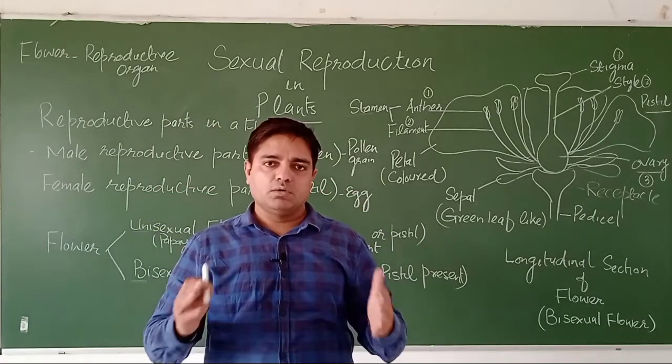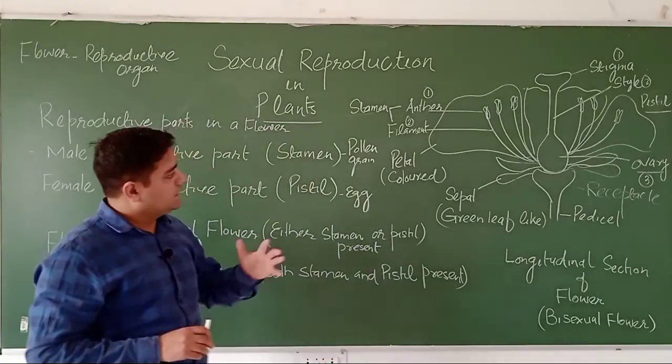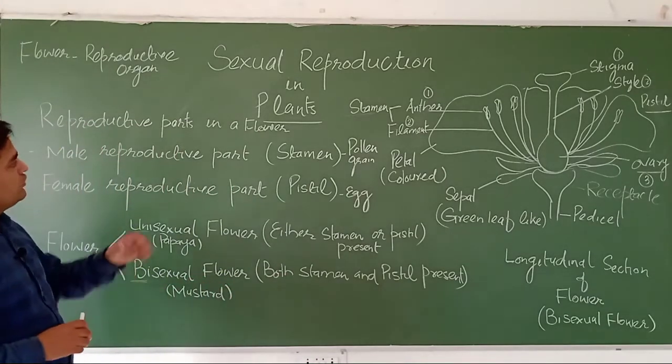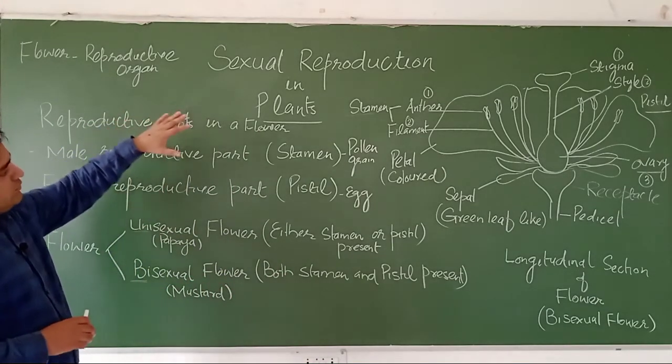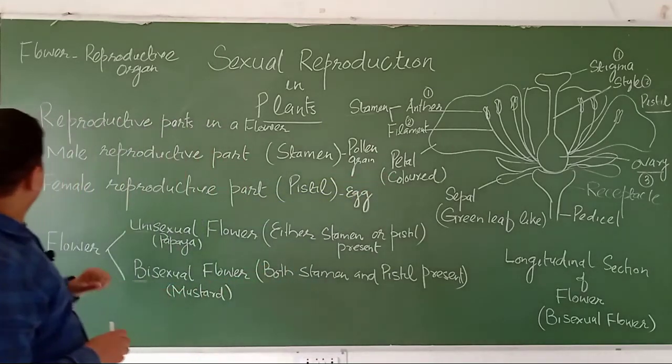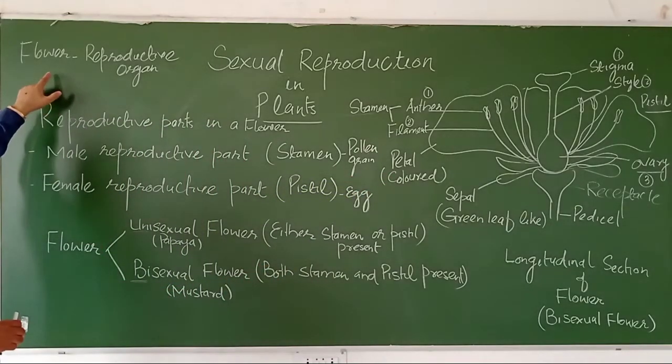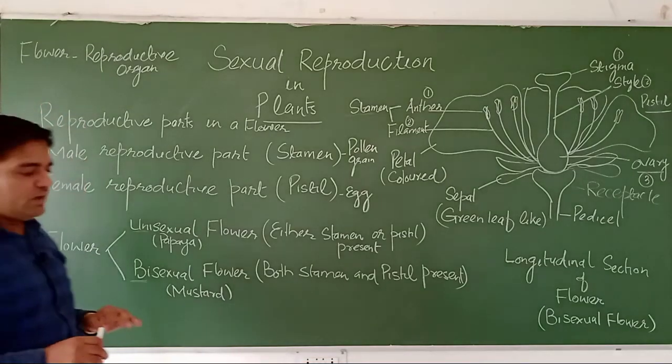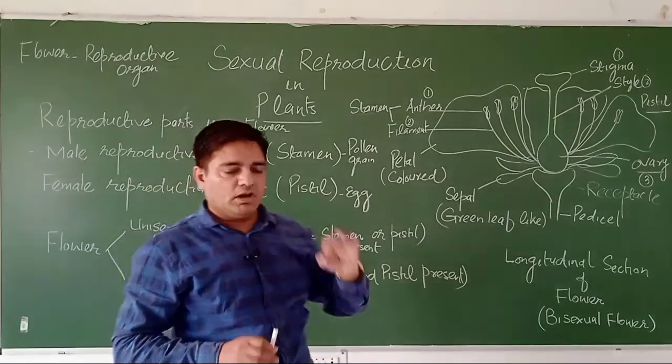So this is all about the basic terminology of sexual reproduction in plants. One more thing: the flower is the reproductive organ of any plant.